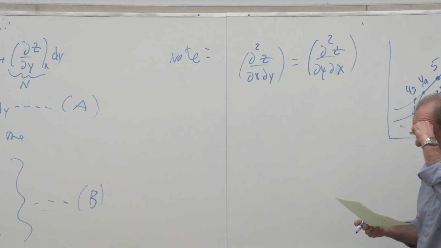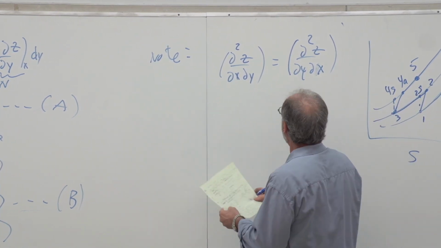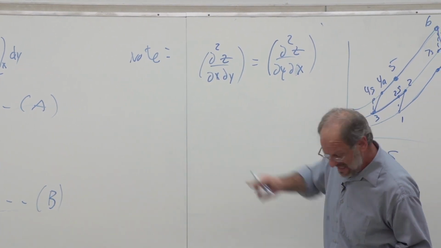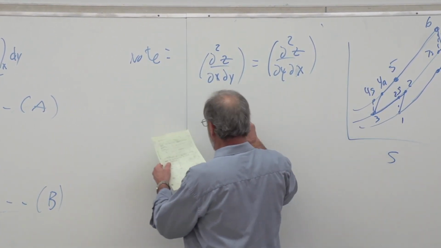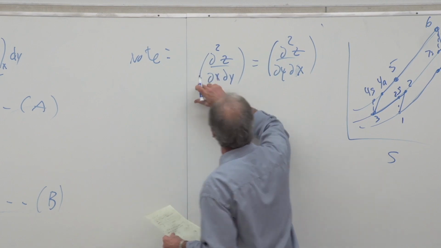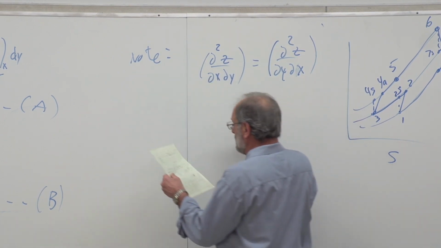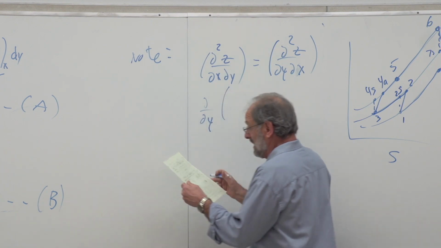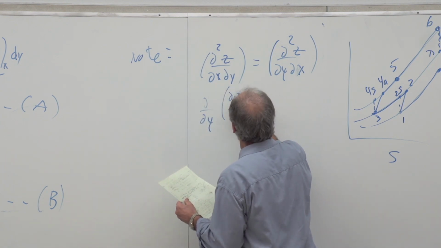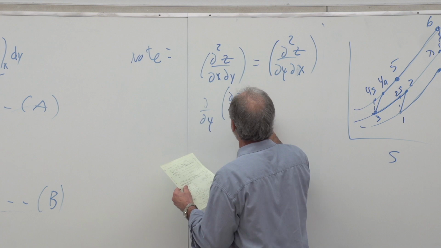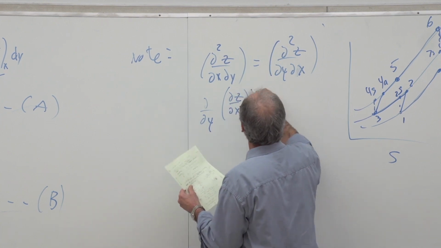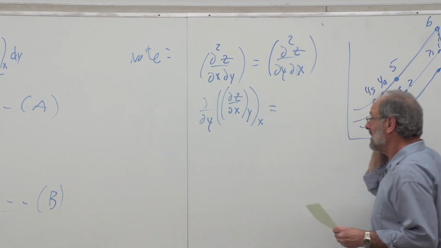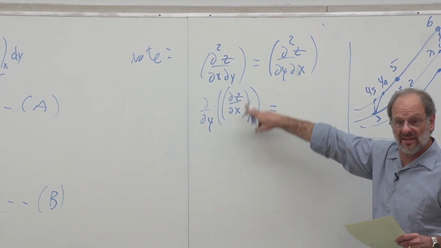So again, this is something that we've used before. And this can actually be rewritten in terms of M and N over there. So for instance, another way of rewriting this second partial derivative is just del by del y of del z del x, holding y constant, holding x constant. So this is just another way of writing that.